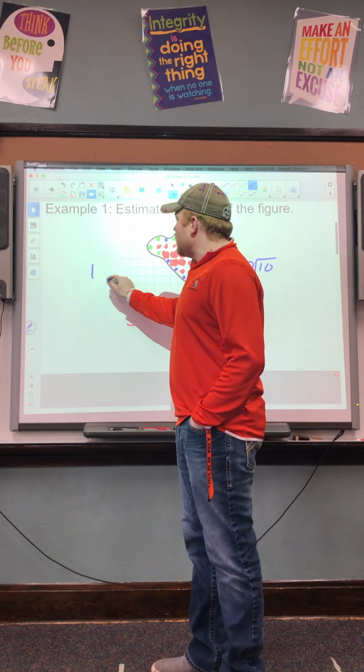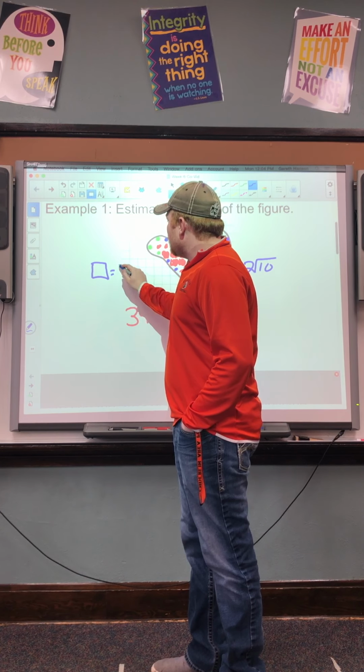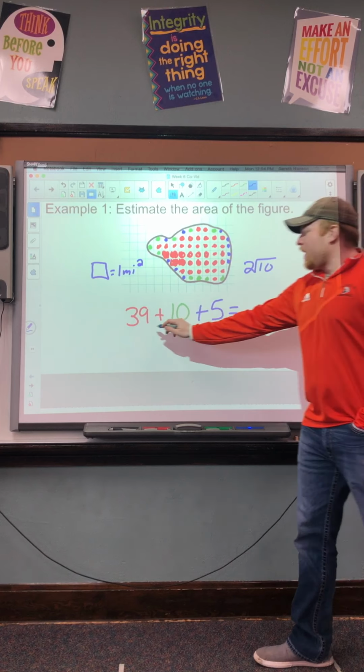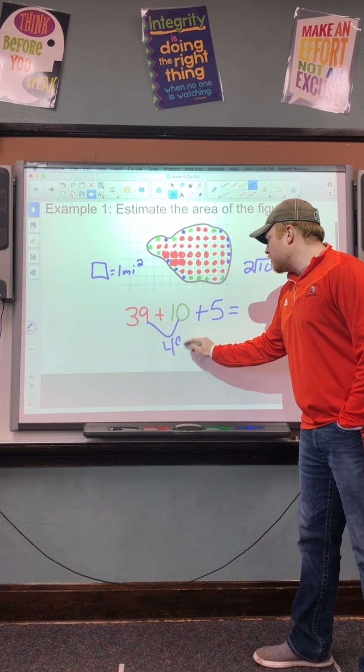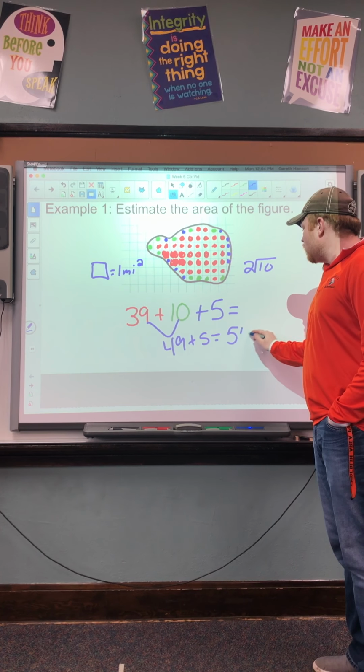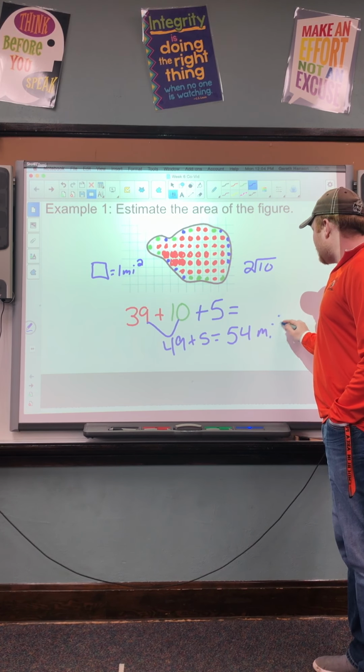In this one, each square equals 1 mile squared. So when we add these up, we get 49 plus 5, which equals 54, and don't forget your label, miles squared.